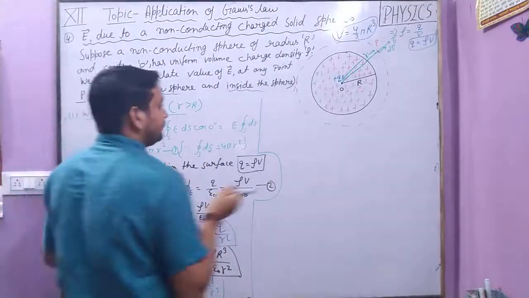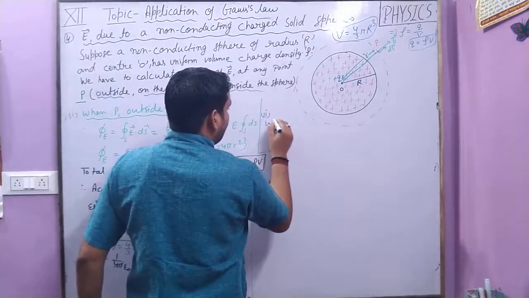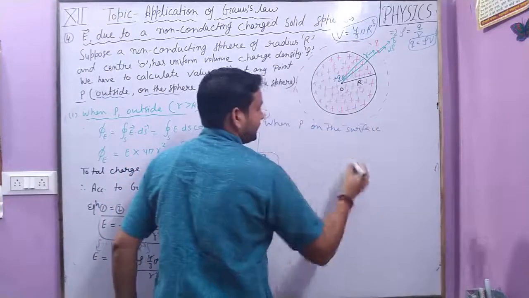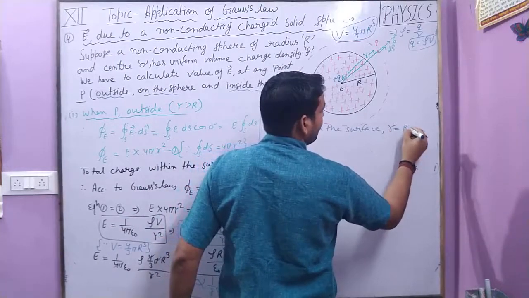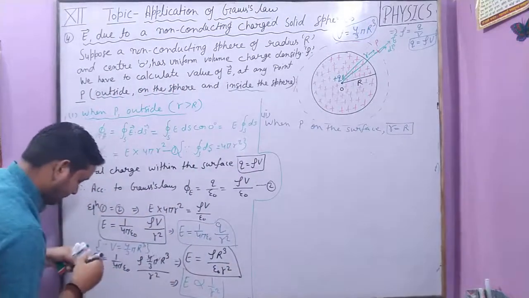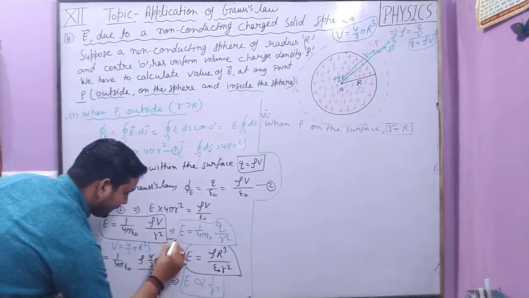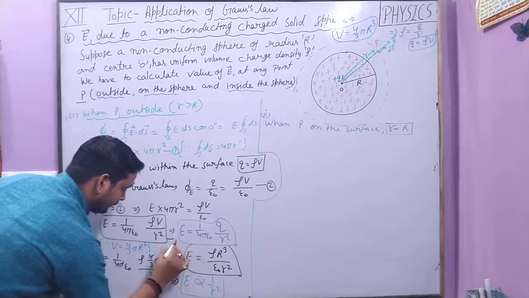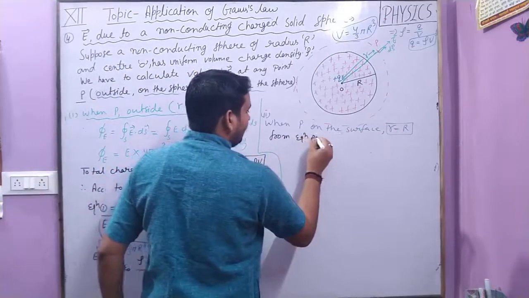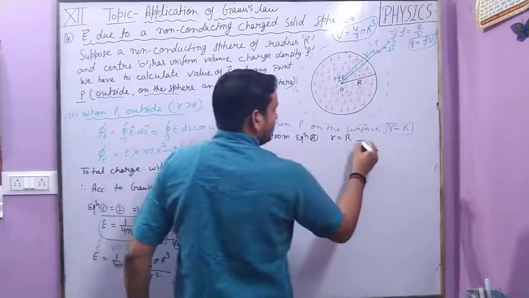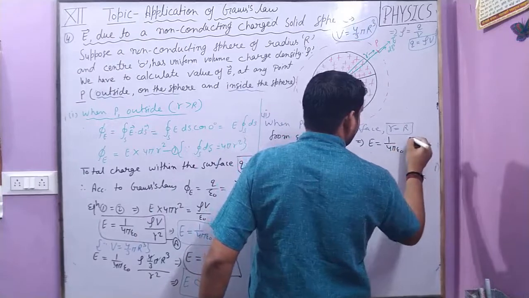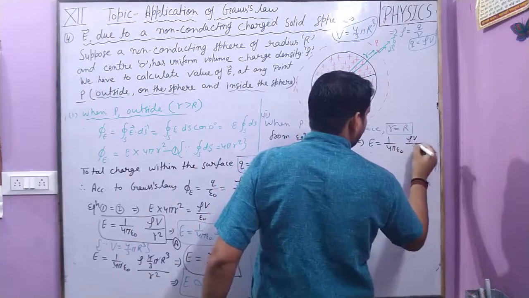Now case 2. Second, when P is on the surface, that is, small r is equal to capital R. Now if this is equation A, then from equation A we use capital R in place of r, therefore the electric field is 1 upon 4 pi epsilon naught rho v upon r square.